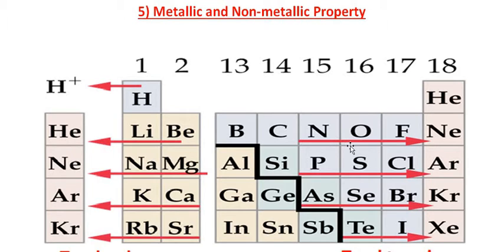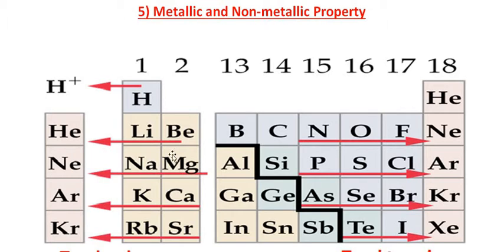While in the non-metals, there are 5, 6, 7 electrons in the outermost energy level, and these tend to gain electrons to become negatively charged ions and complete their outermost energy level.